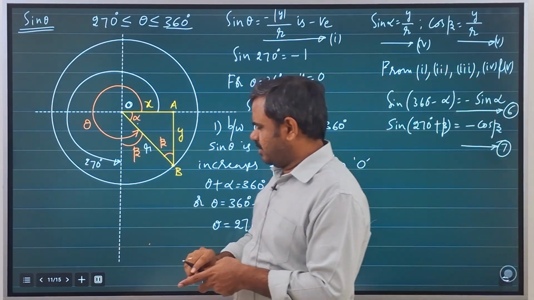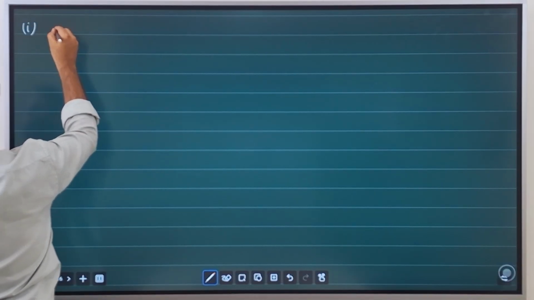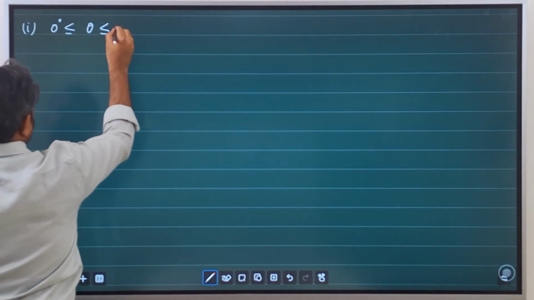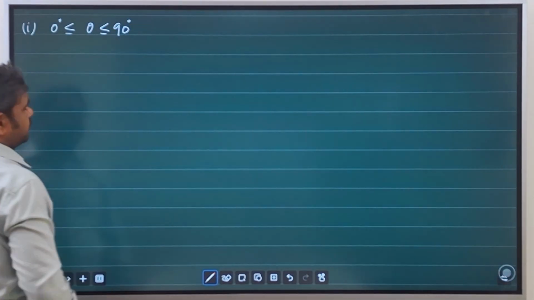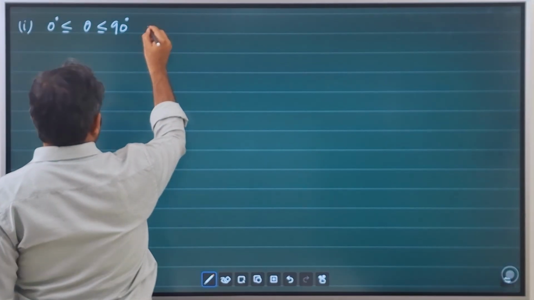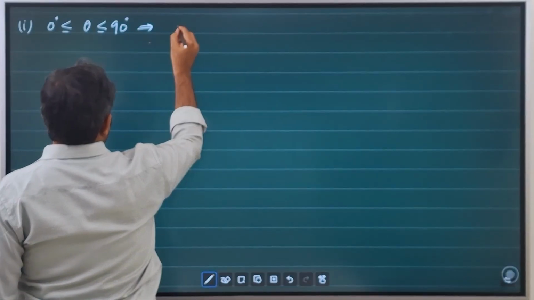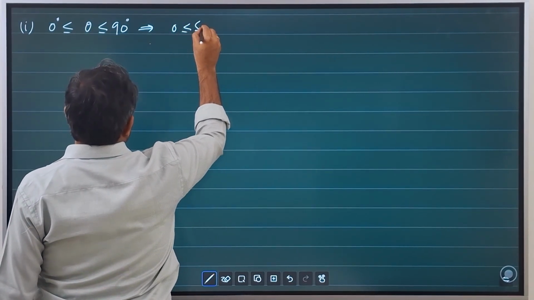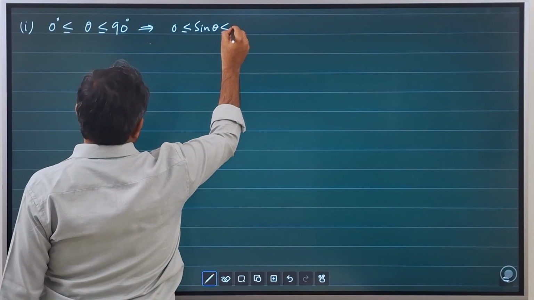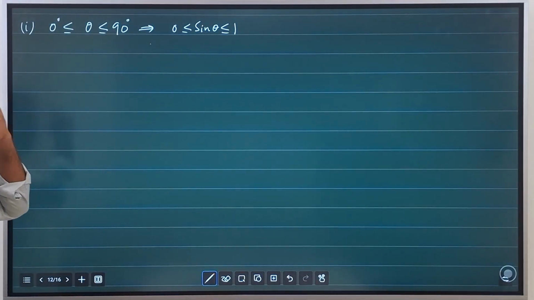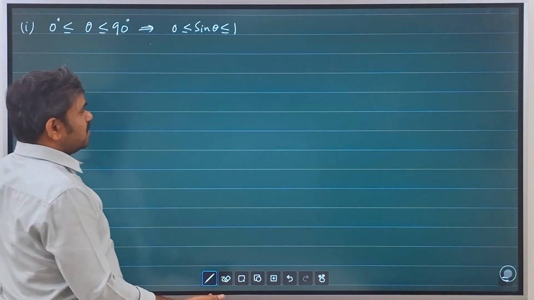Conclusions at one place. In the first case, as theta increases from 0 degrees to 90 degrees, the value of sin theta changes from 0 to 1. So between 0 degrees and 90 degrees, as theta increases, sin theta also increases from 0 to 1.